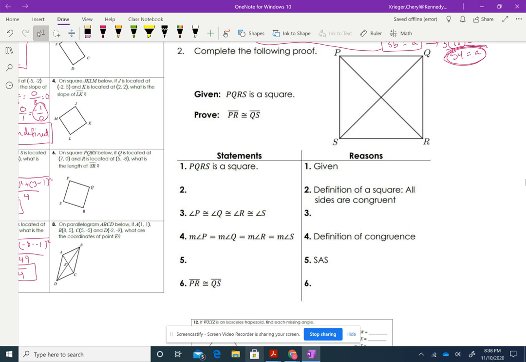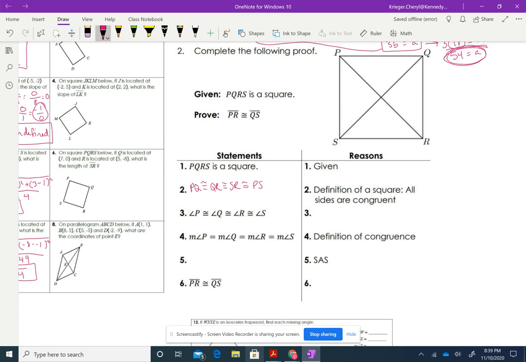Okay, so if PQRS is a square, definition of square, all sides are congruent. So that gives me the idea that we're going to say that PQ is congruent to QR, which is congruent to SR, which is congruent to PS, right?